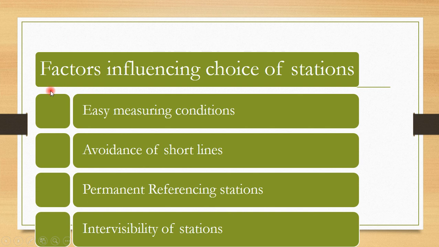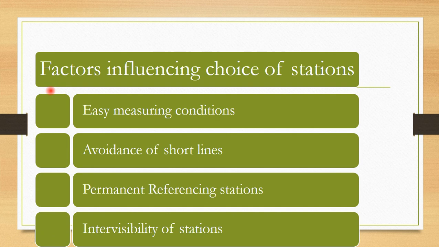So one of the factors that will influence the choice of the stations is easy measuring conditions. Whenever you are locating a station, that station should have easy measuring conditions.